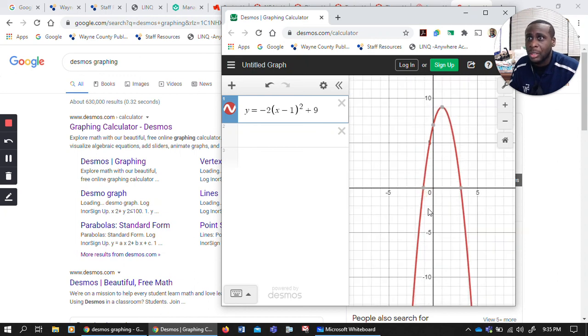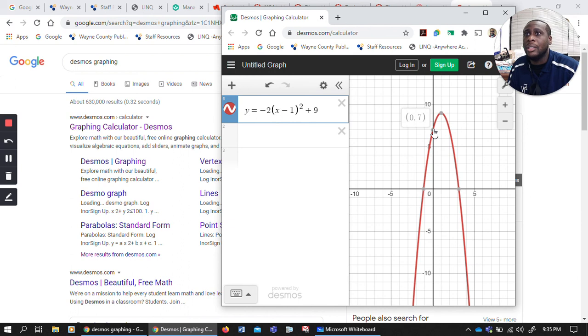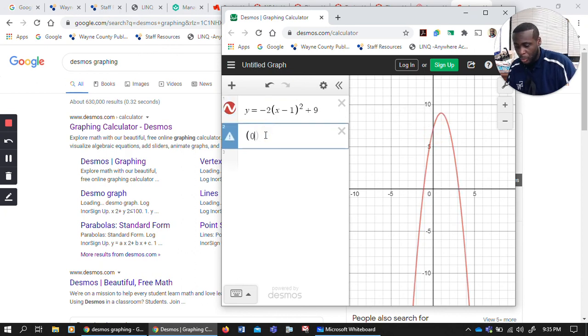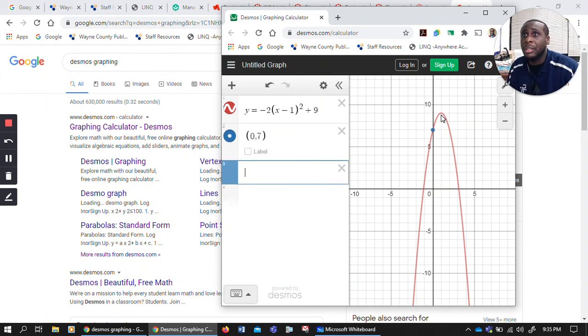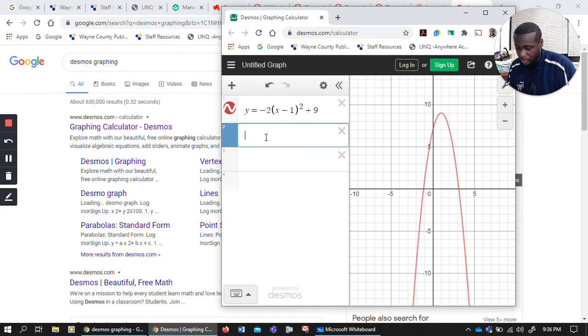All right, so that point was 0, 7. If you want to actually see those points up there, you can do that. The vertex was 1, 9, and the other point is 0, 7.